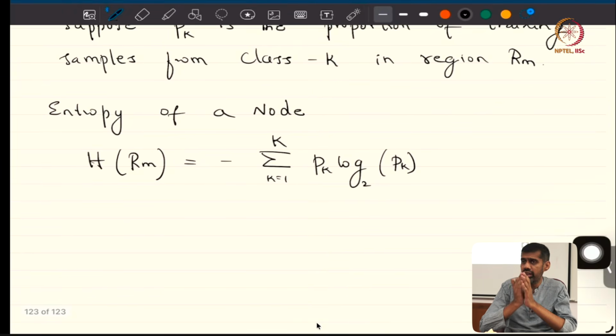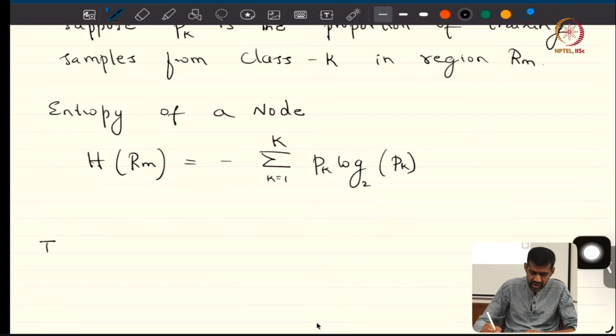Now, when a node is split, what do you want the impurity to do? The impurity has to decrease. When you traverse through the tree, or when you split a particular node, the impurity has to decrease. So how do we measure that?